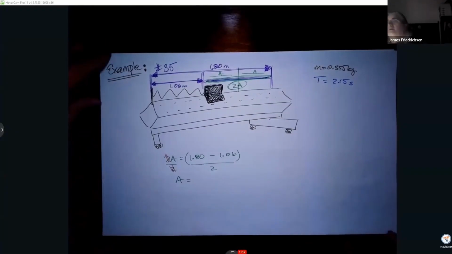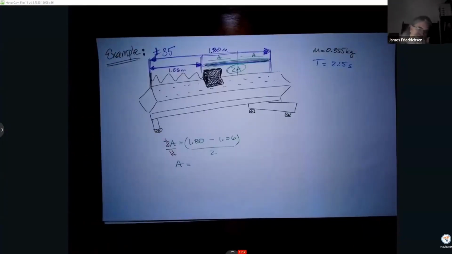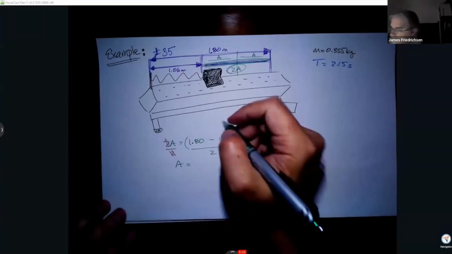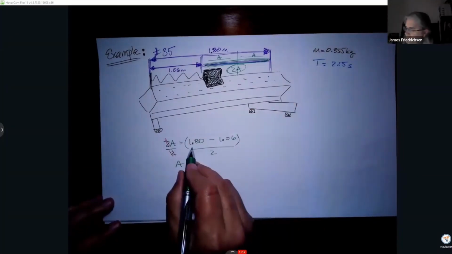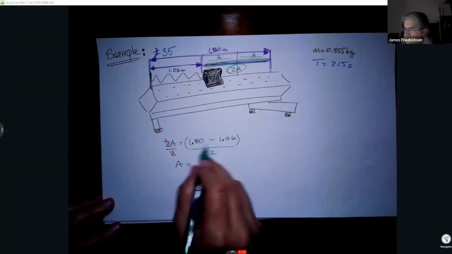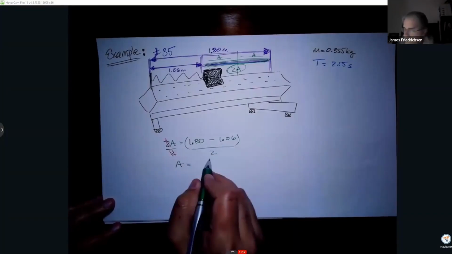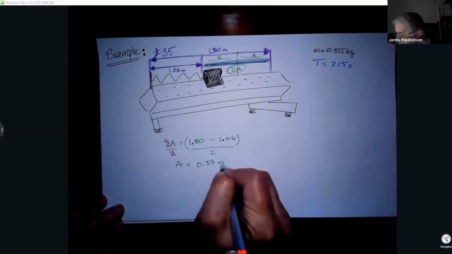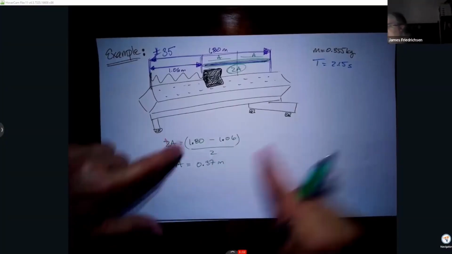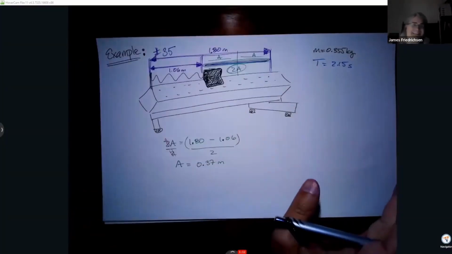That turns out to be 0.74 cut in half, 0.37. So we've got the amplitude, we've got the mass. All we need is k.